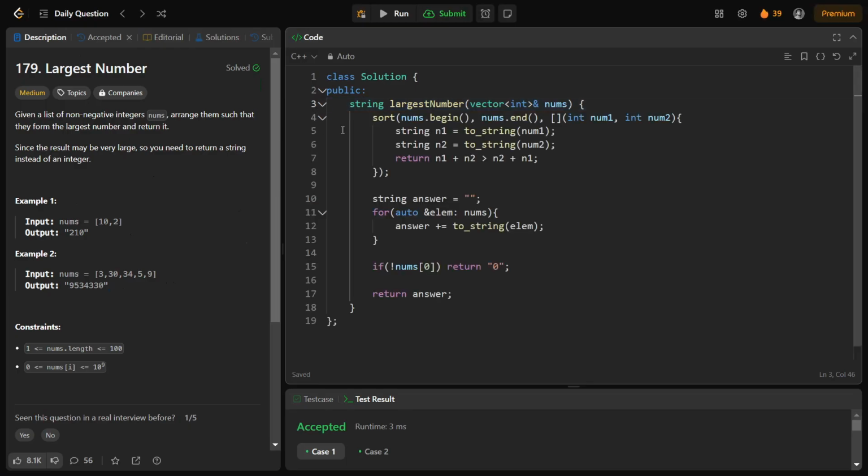Okay, so now I have to do the sorting, and we'll see the way that we sort. Don't look at this right now, but what am I trying to do here is the string of answer is the empty string initially, and for every element in this sorted nums list I append that to my answer by converting that to a string, and in the end I return the answer.